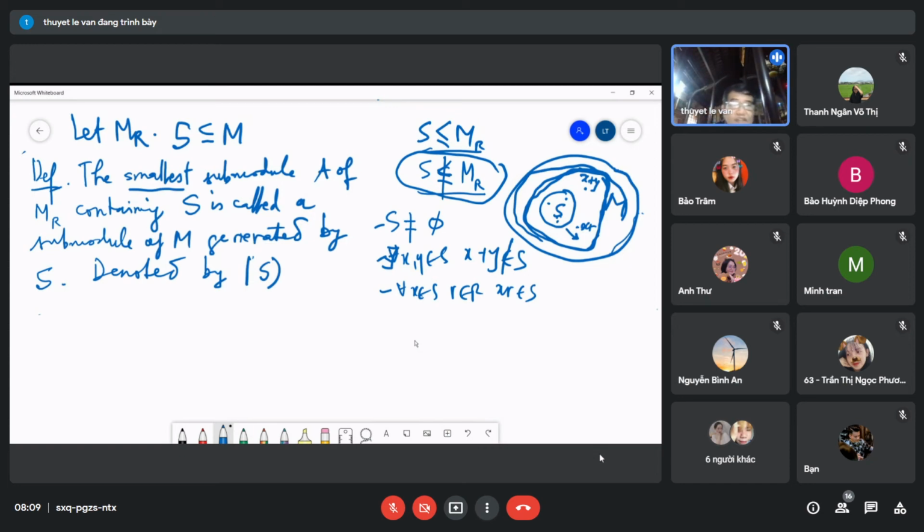So the smallest submodule: remember that this is an extension of S that is a submodule, but S itself is not a submodule.